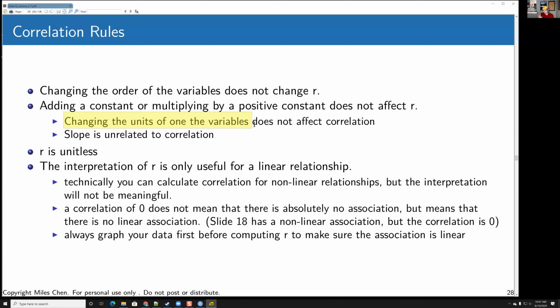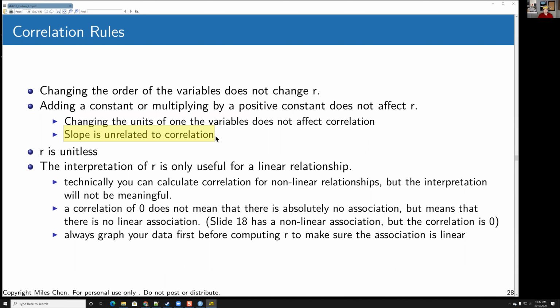Changing units is basically multiplying by a constant or adding a constant. If you're changing from Celsius to Fahrenheit, you're adding a constant and multiplying by a constant. It's not going to affect the correlation.